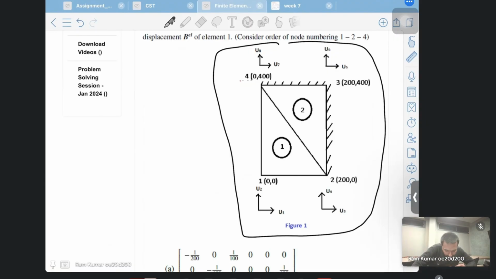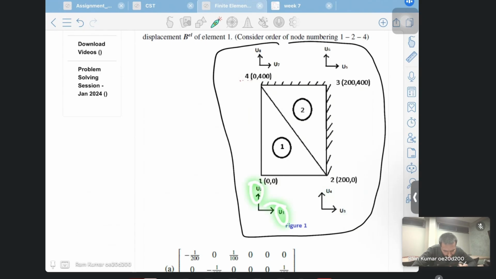In figure 1, we have two triangular elements. This is element 1 and this is element 2. Okay, fine. They gave that we have a total of 4 nodes, and they provided that node 1 has 0 0 coordinates, then node 2, node 3, node 4. Node 1 has u1, u2, u3, u4, u5.